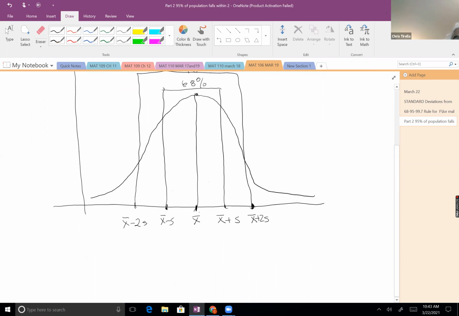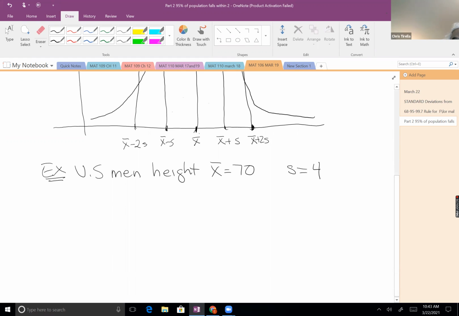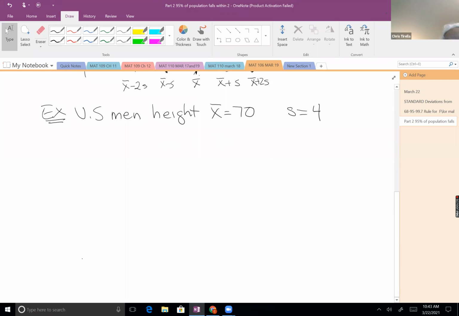If I look in practice with my example with men's heights, with a mean of 70 and a standard deviation of 4, if I were to apply this rule to this data set, my middle number is 70.